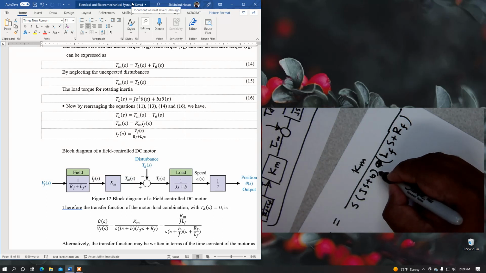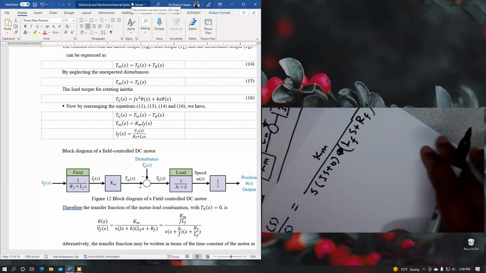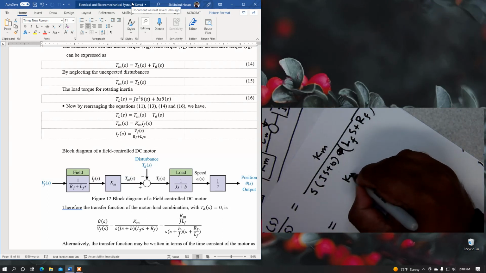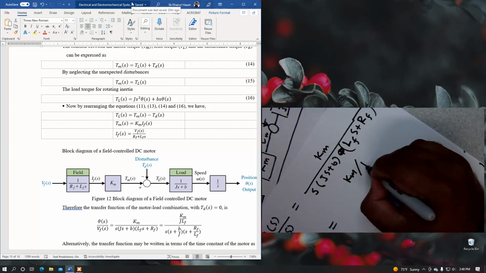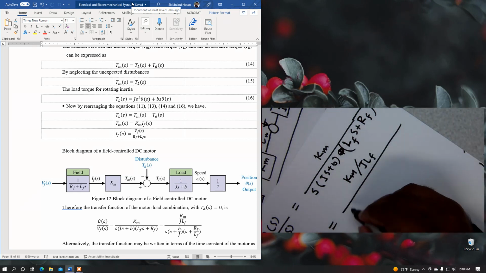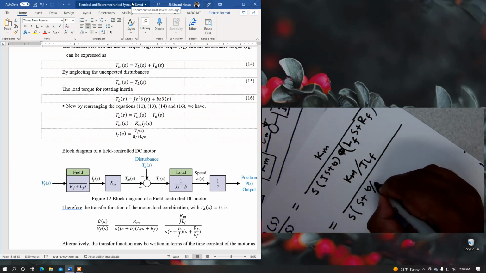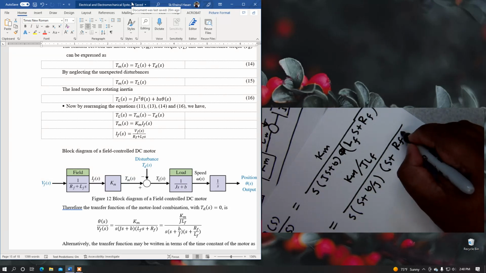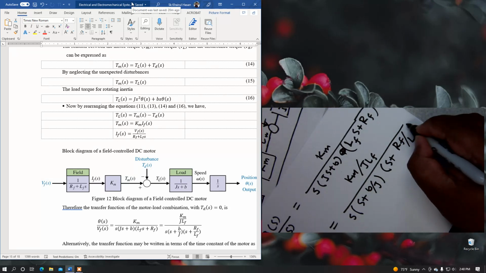We can rearrange and write this as Km over J LF, so basically all are constants, times s multiplied by s plus B over J, multiplied by s plus RF over LF.